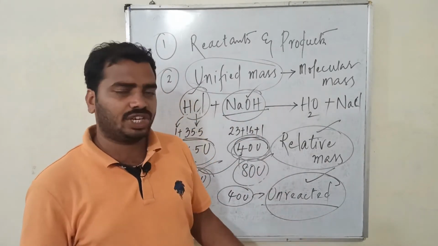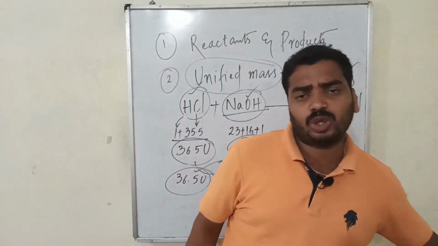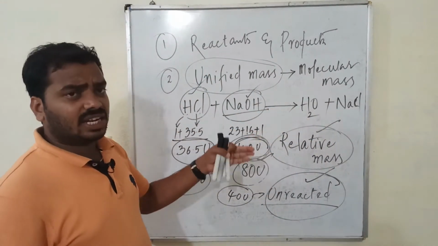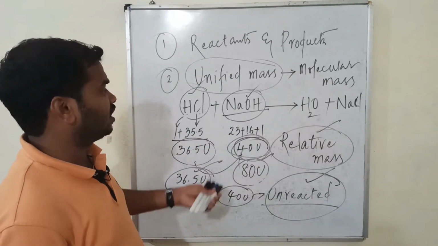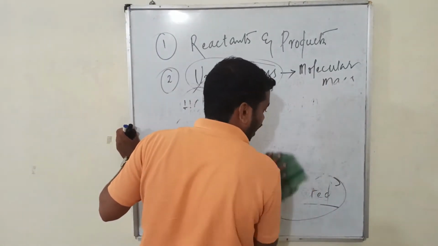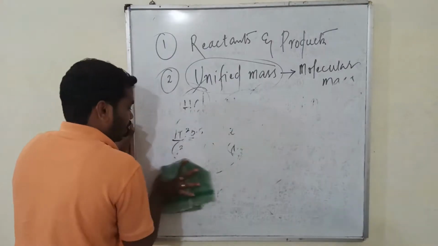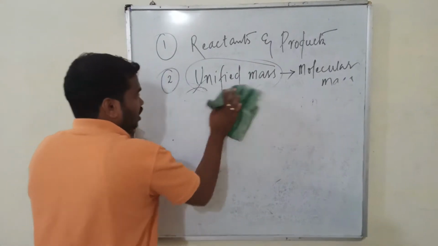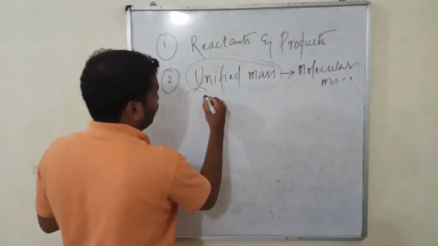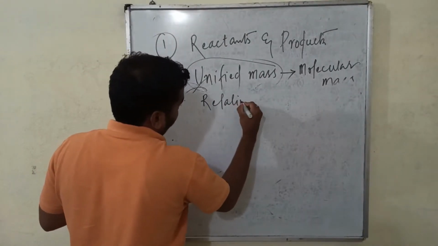In any equation, if you have written some equation between two molecules, you will get relative masses, the ratio of these relative masses of these different molecules. So the second point, I think I've cleared the second point. What is that? You will know the relative masses of the molecules. Let me write like this.